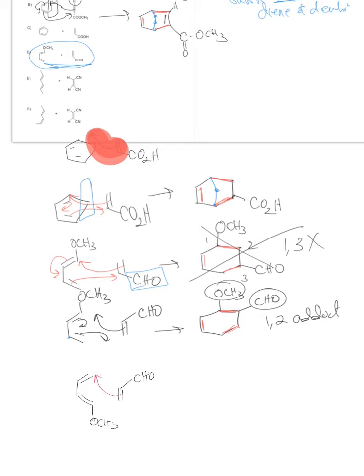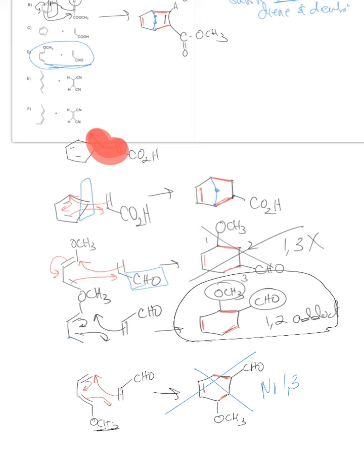And we got this here. Let me just see what this gives us. And we draw our 6-membered ring, our pi bond, and then we have our OCH3 here, and we have our CHO there, and it's 1,3. I thought that, but I just want to double check. So no 1,3. So the correct one, based on the endo rule, would be this compound here, the 1,2 adduct.